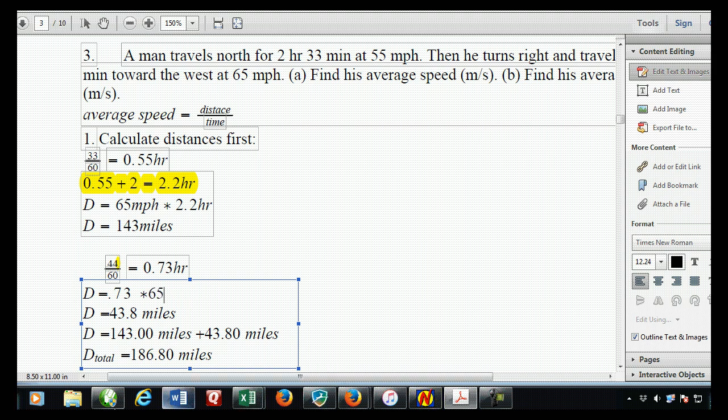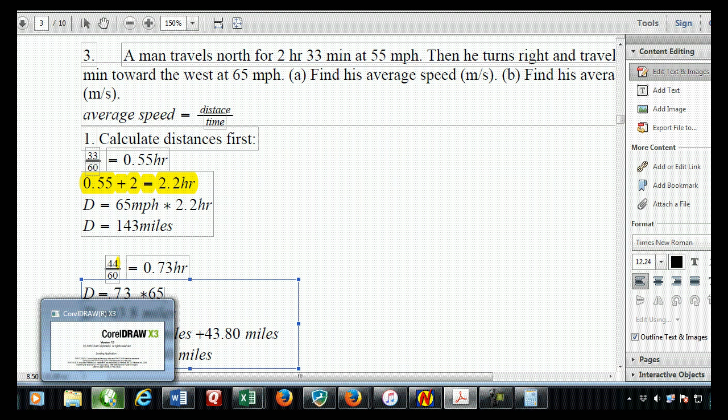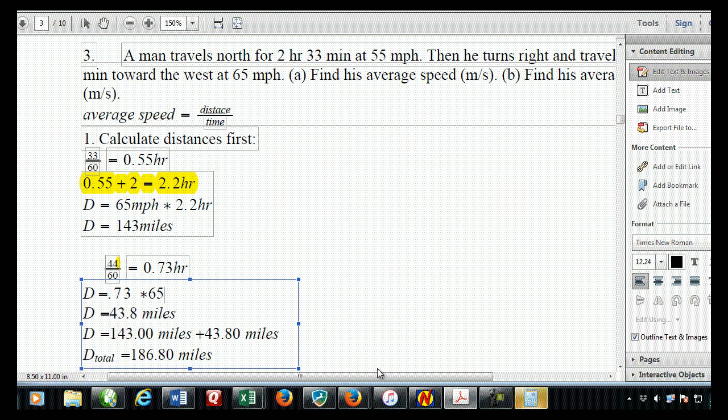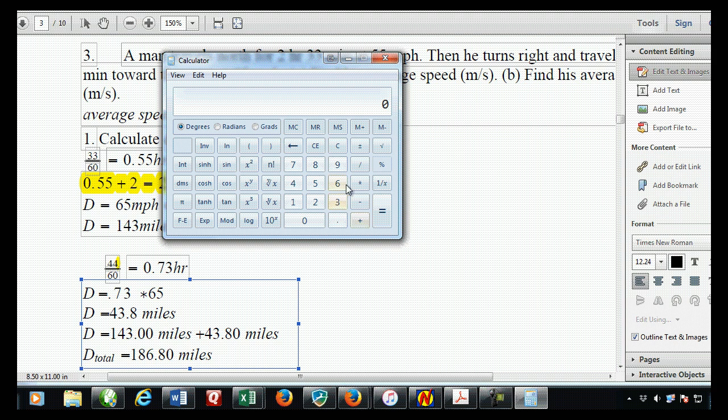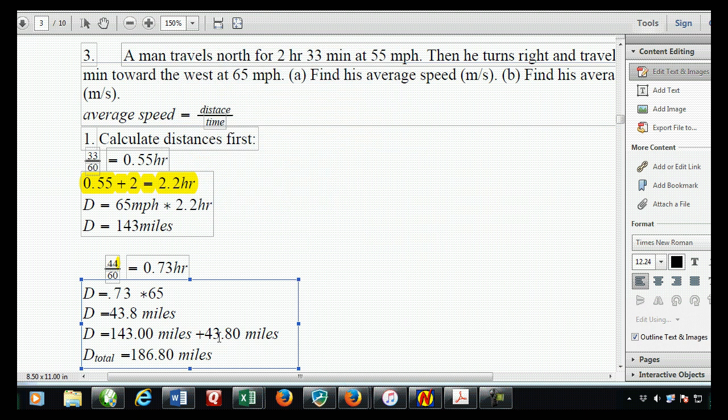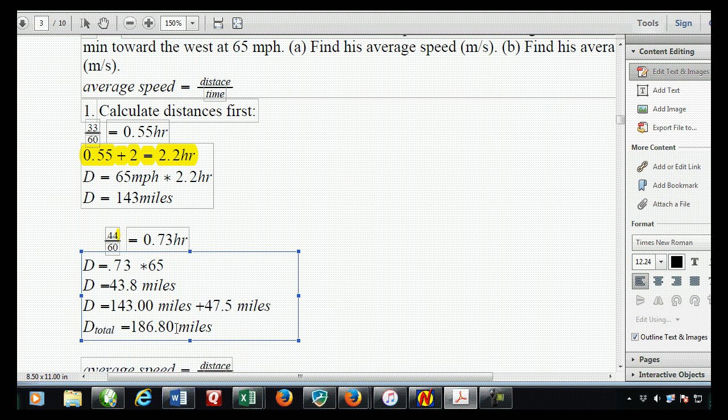See how much that's going to change on the handy dandy calculator. 65 times 0.73 makes that 47.5. So this number here becomes 47.5, which makes this 190.5.